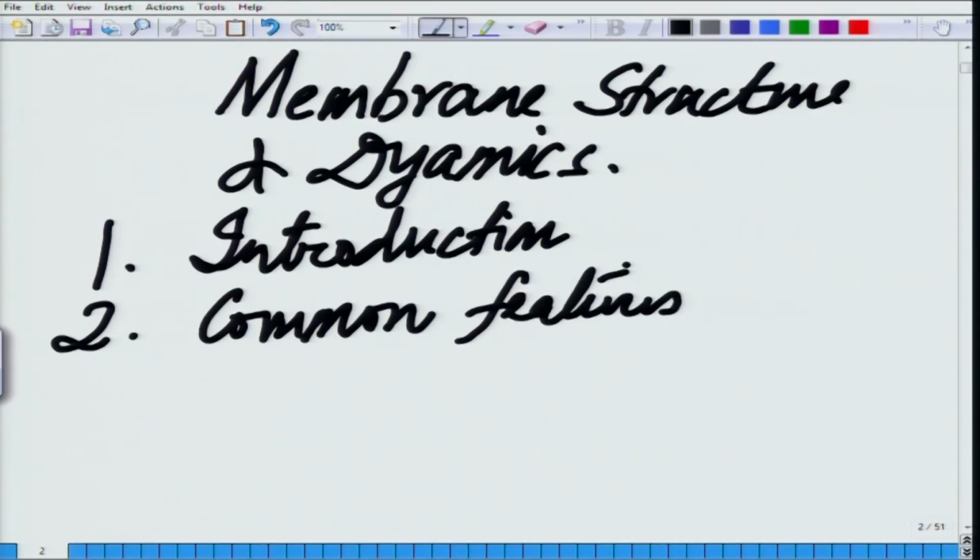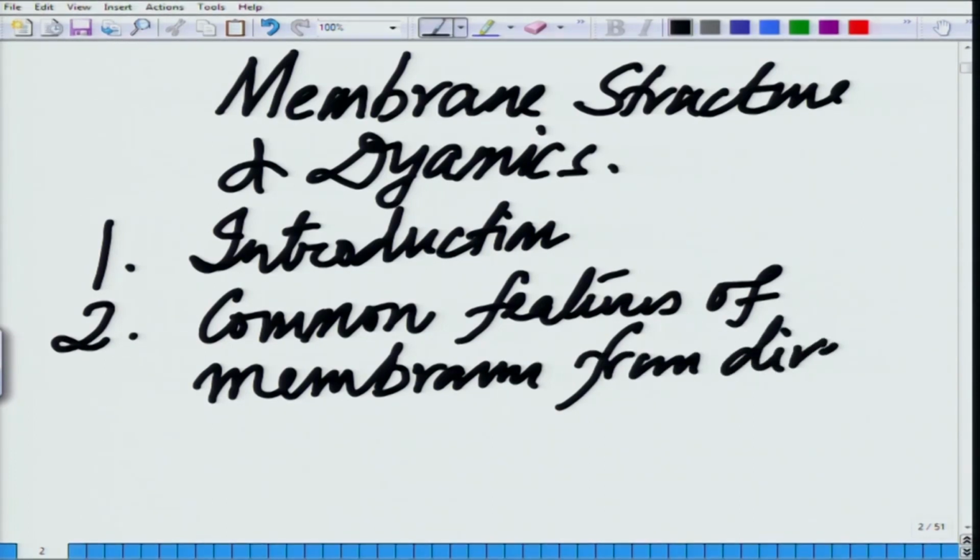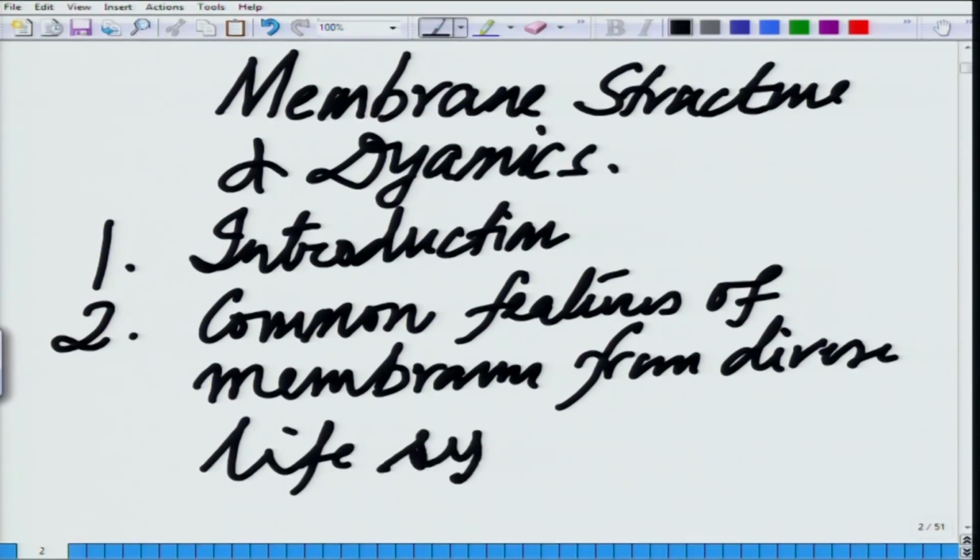Say for example, we have plants, we have animals, bacteria, algae, they all have membranes. So, what are the common features of membranes from diverse life systems? Okay. This is the second topic.